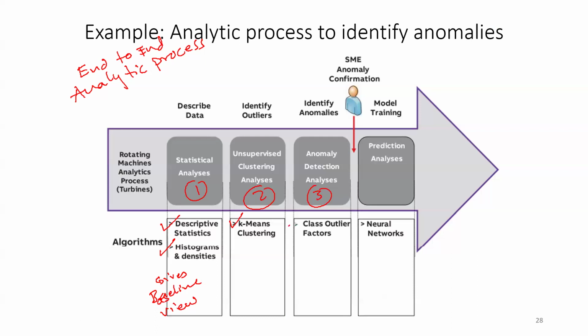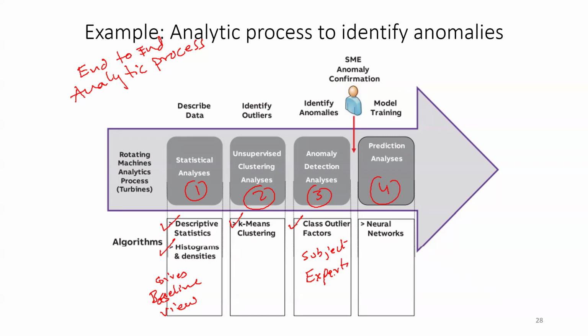There are so many, for example, the local outlier factor analysis to identify the data points that are likely anomalies, and they can be verified by the subject matter experts. We need subject experts.